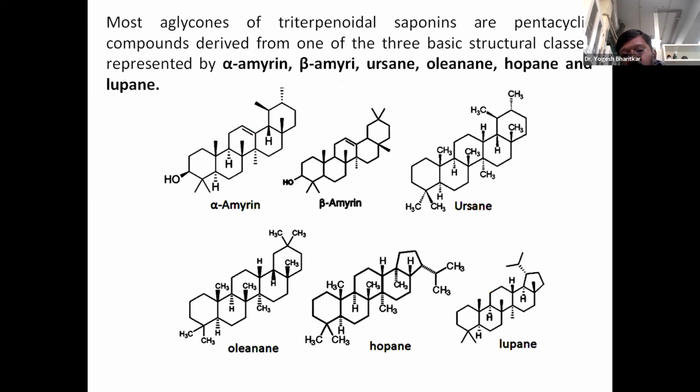Unusual triterpene skeletons are also available, but mainly these types are present: alpha amyrin, beta amyrin, ursane, oleanane, hopane, lupane. In the ursane and oleanane skeletons, the basic difference is that the position of two CH3 groups is different.